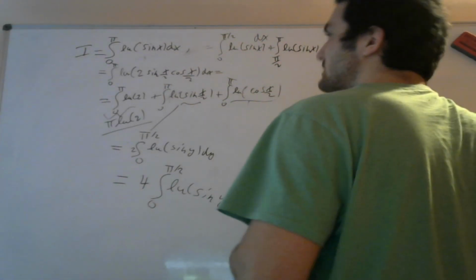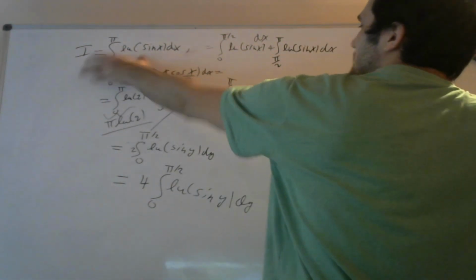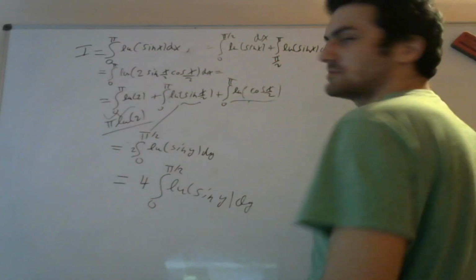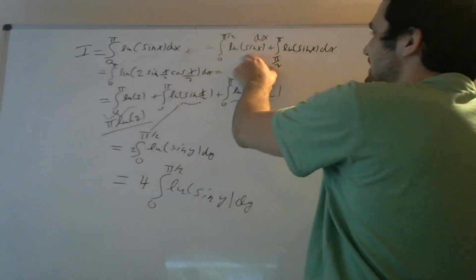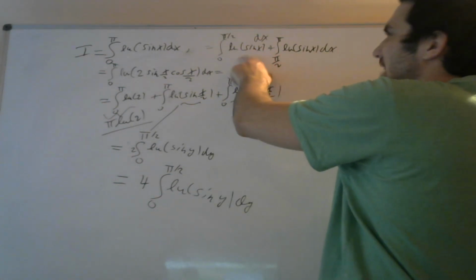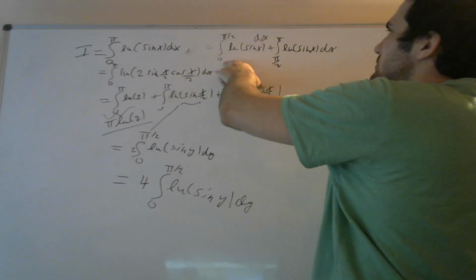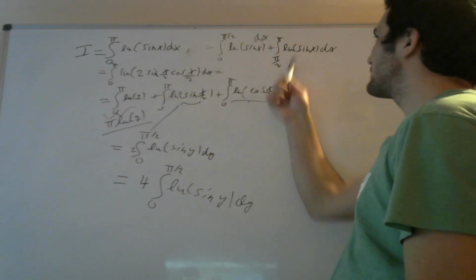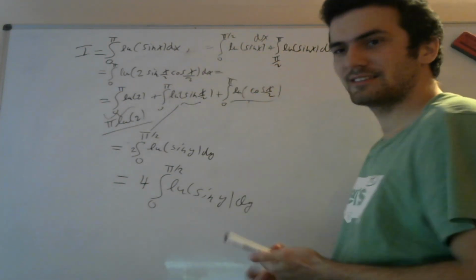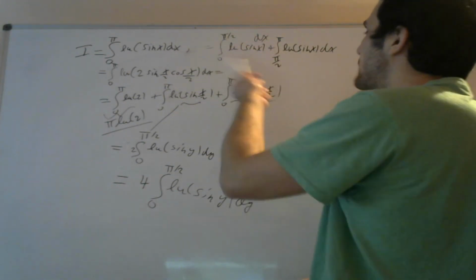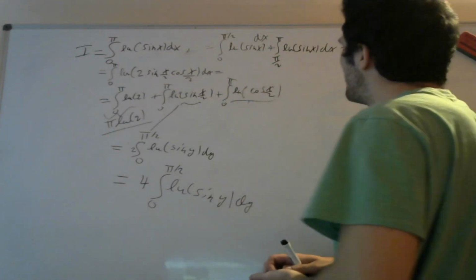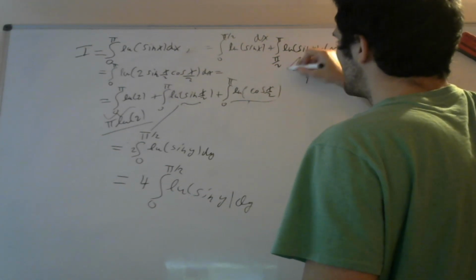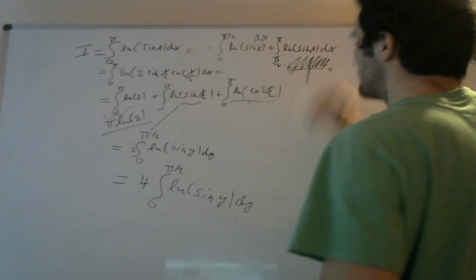So you can see that our original integral equals two integrals when split up. What's important to realize is that ln of sine is positive on the interval from 0 to pi over 2, and sine is also positive on the interval from pi over 2 to pi. So these two integrals are basically the same. This is 0, this is pi.